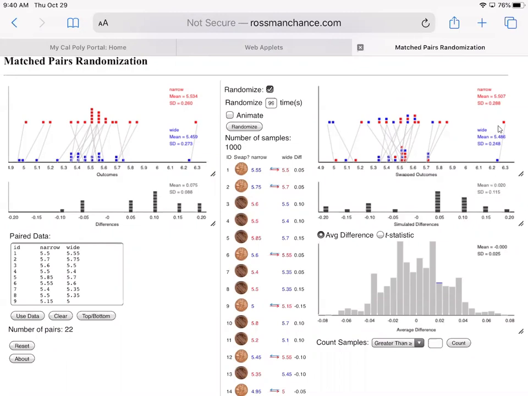We'll see that the means, the narrow and the wide, this was flipped, this first one, and these were all recorded. So just like we did over here, you'll see the lines around 5. That's the matched pair there, the narrow being in red and the blue being the wide value.